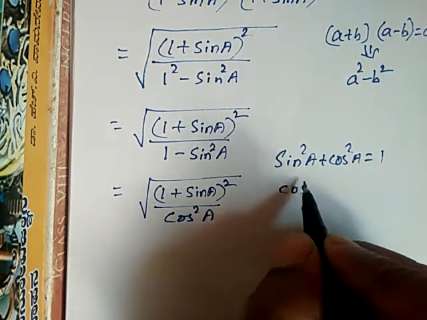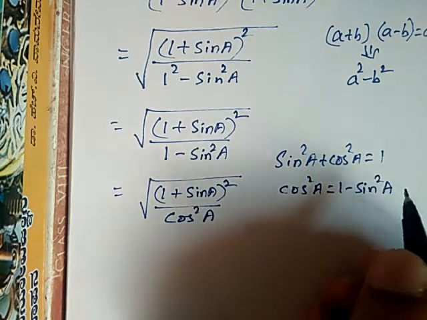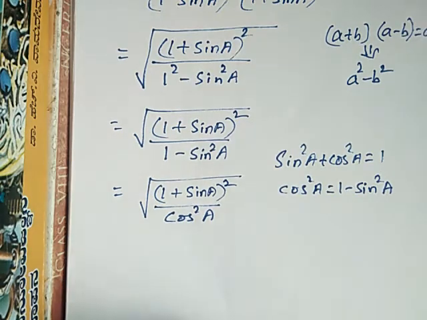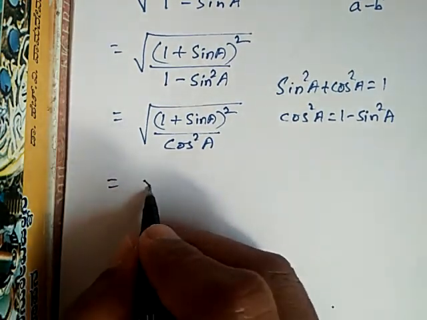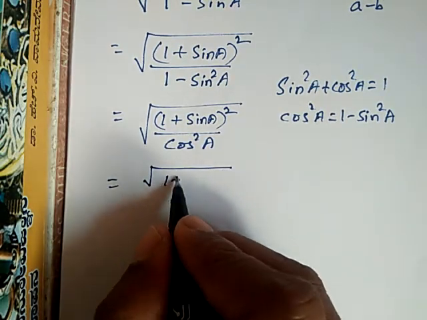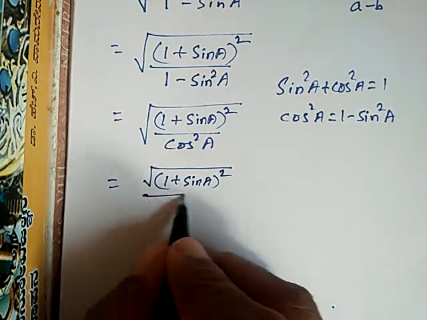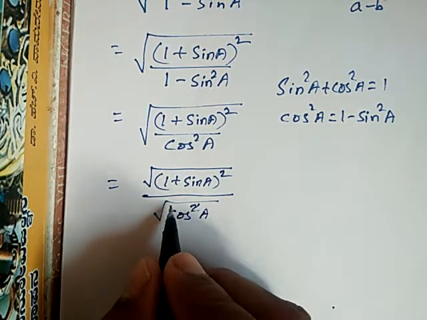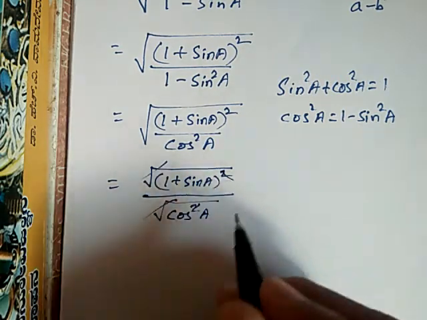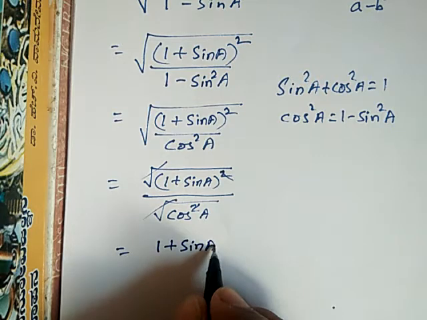So you can write here cos square a. Now take the root for both: root of (1 plus sin a) whole square divided by root of cos square a. The square and root cancel, remaining 1 plus sin a divided by cos a.